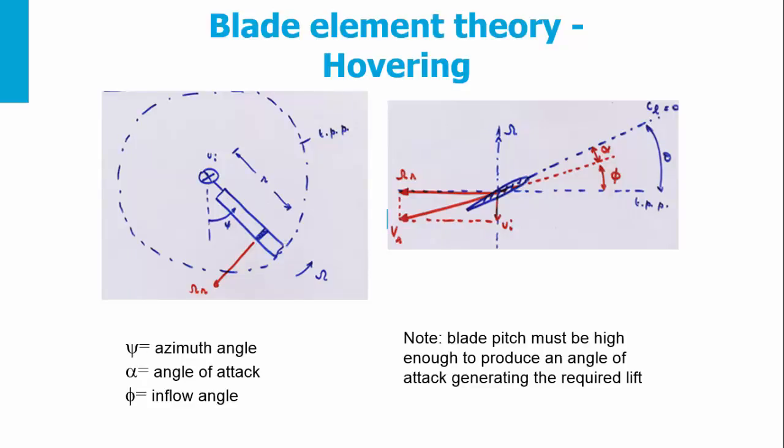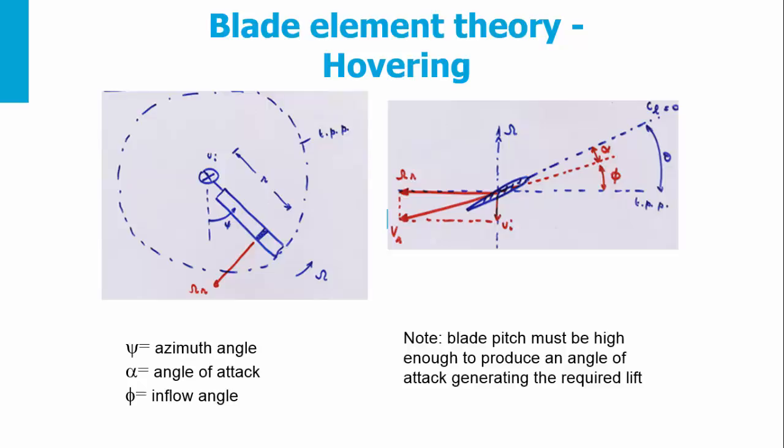On the left-hand side you see the rotor from above with a blade and a blade element on it at a radius r. The blade is rotating counterclockwise with an omega r velocity. Induced velocity is entering the plane of the rotor and the blade is assumed at an azimuth angle psi. On the blade profile you see the total velocity and the angles.